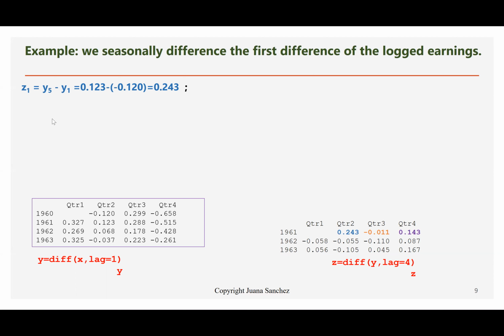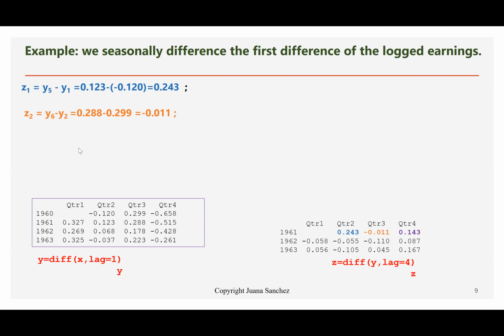Now let's look at a few numbers. Z1 is the blue number in the seasonal difference time series. It will be Y5, 0.123, minus Y1, which was minus 0.120, and that gives us 0.243 in the seasonal difference time series.